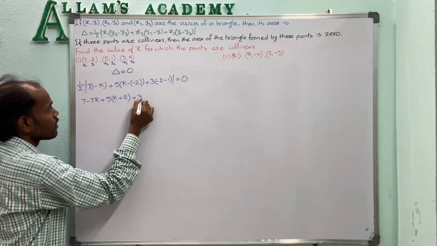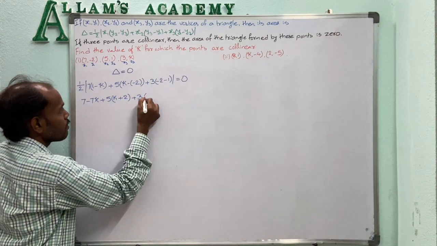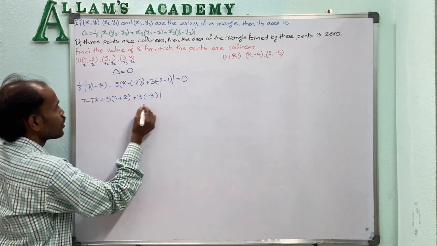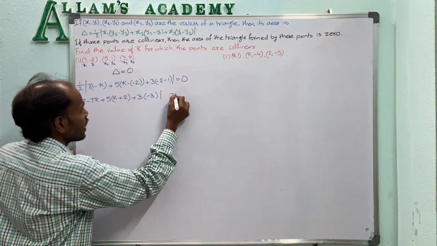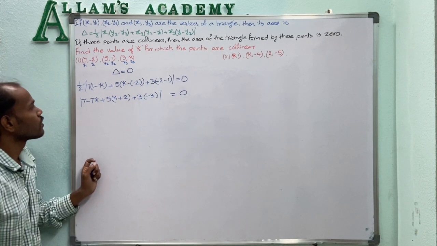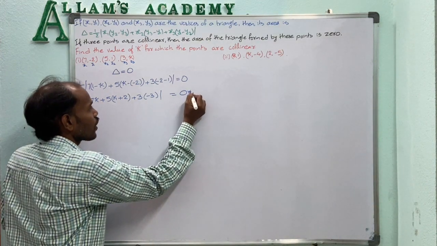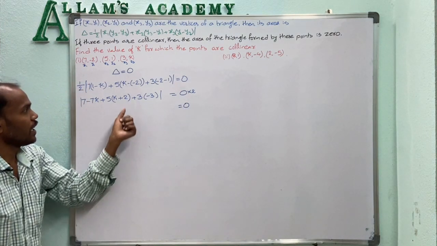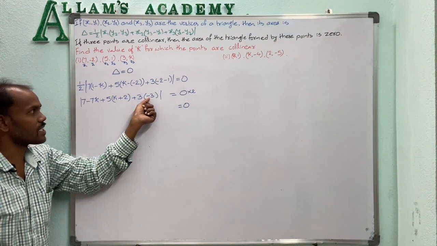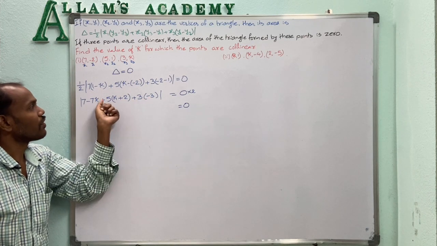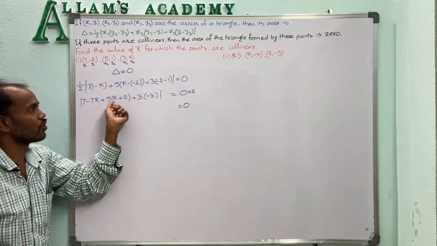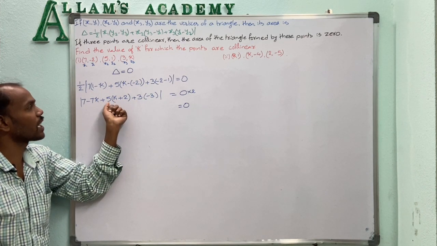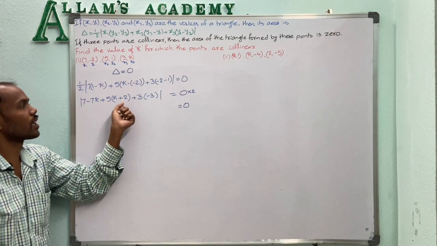Plus minus 2 minus 1 is minus 3, so 3 into minus 3 is equal to 0 into 2. 0 into 2 is nothing but 0. Okay. Now 3 into minus 3 is equal to minus 9. 5 into k plus 2: 5 into k is 5k, and 5 into 2 is equal to 10.